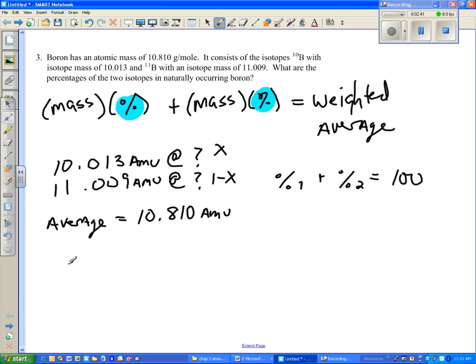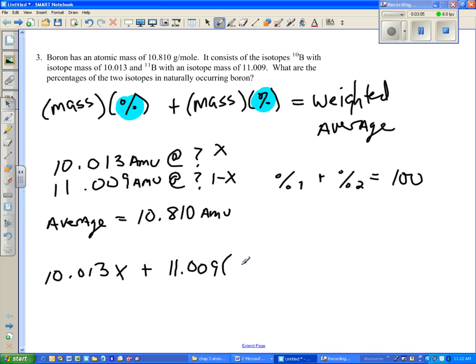So what I'm going to do is say, then I have 10.013, and we're going to multiply that by its percentage, which we'll deem x, plus 11.009 AMUs. Now I'm leaving the AMUs out just so the math looks a little bit more predictable for you.